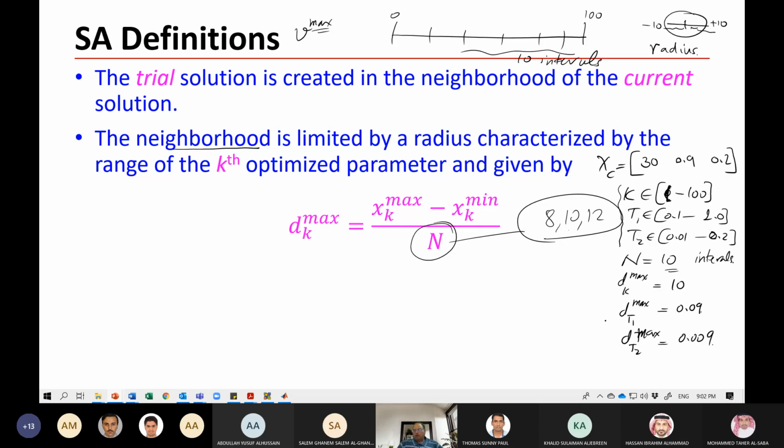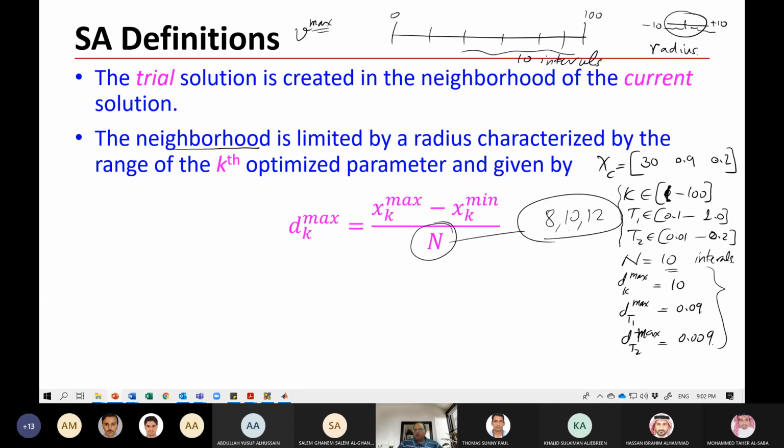This is the definition of the neighborhood, and it will not change. You set the radius at the beginning of the code with the number of intervals, and the maximum and minimum are constants.